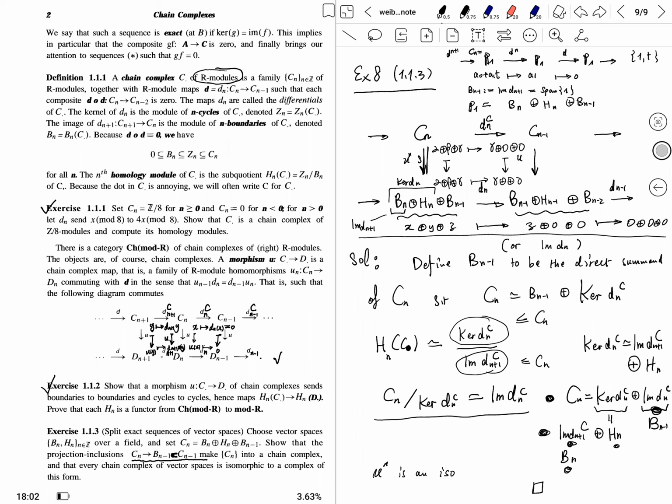So this should be the image of Dn. And we still span 1.